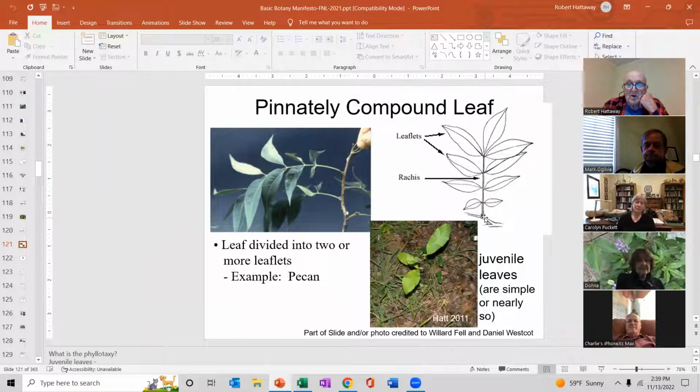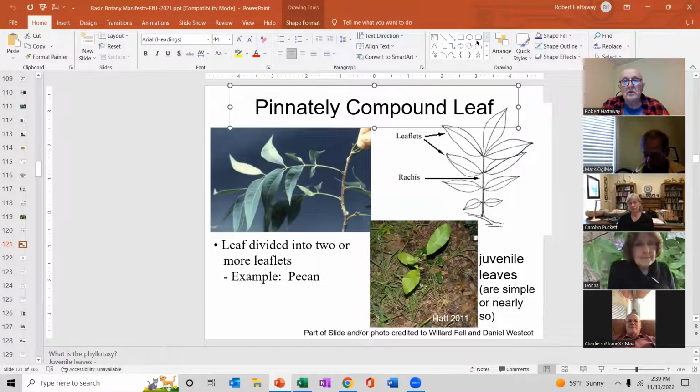The rachis. You don't use the term unless you have a pinnately compound leaf. It is the continuation. If these leaflets were connected all the way around, Mark, we'd have a simple leaf.